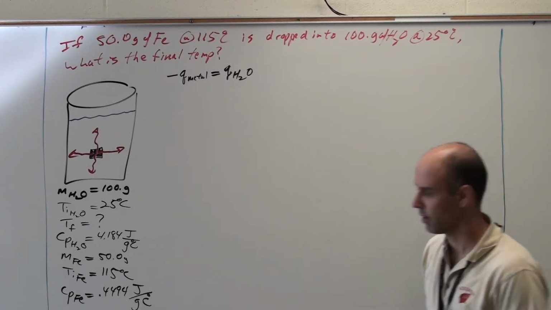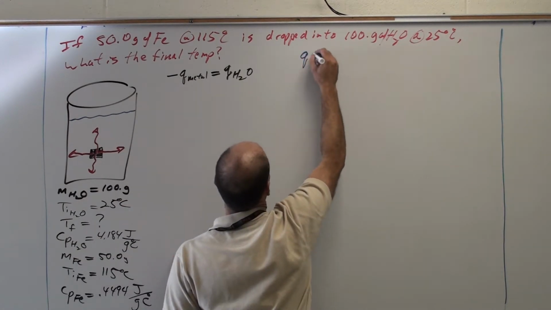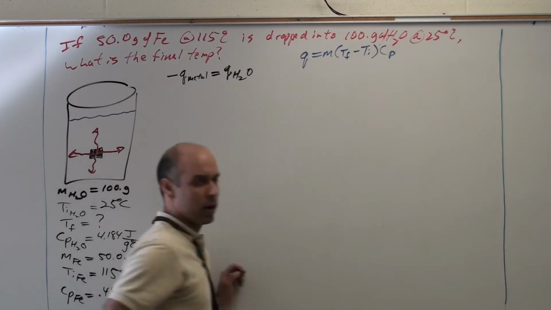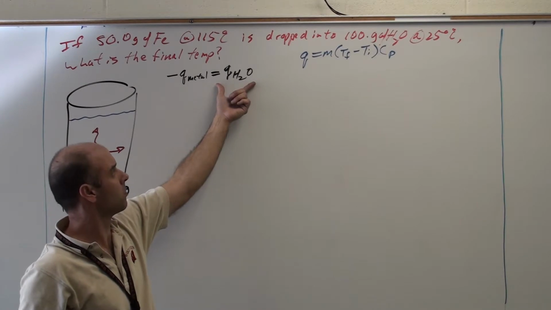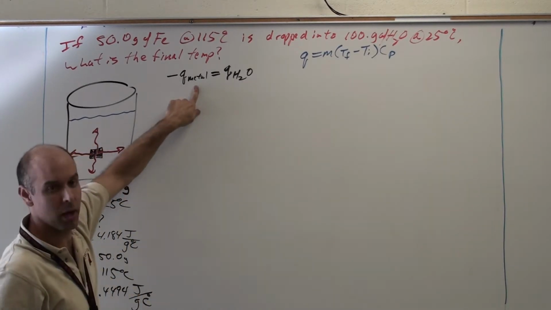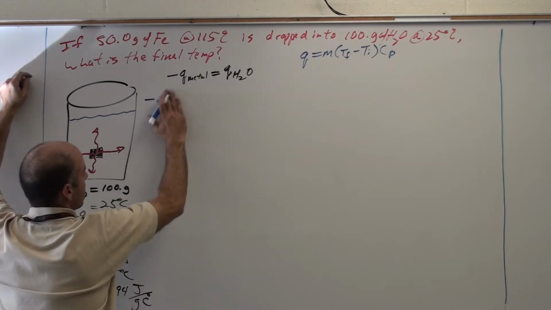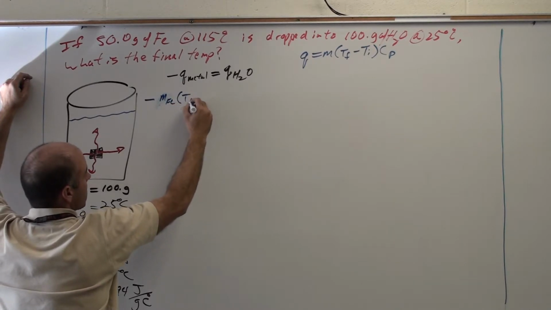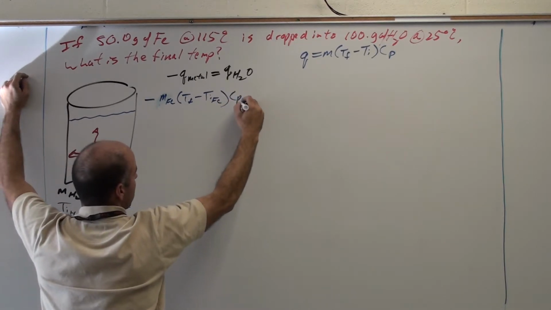Okay. Now we're going to take our equation from the previous problem, and we are going to expand it for each side. So negative Q of metal would be negative mass of metal, iron, times final temperature minus initial temperature of iron, times specific heat of iron.